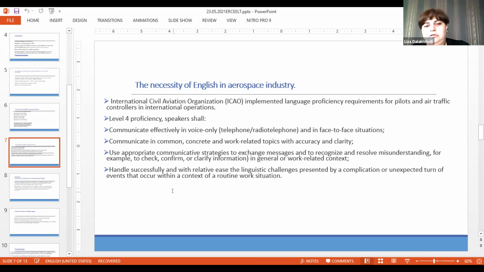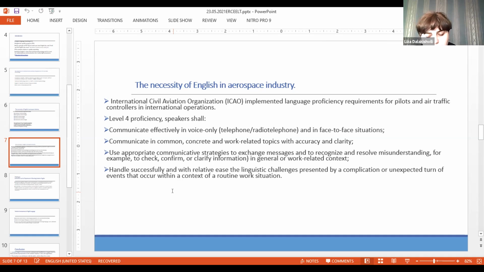Sometimes it's difficult for a pilot to communicate clearly in this situation, and lack of knowledge of English should not be the obstacle. That's why the international organization sets a requirement for the English language proficiency level. So level 4 is a must, as I have already mentioned.